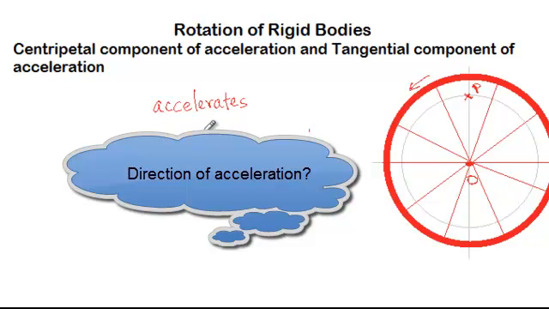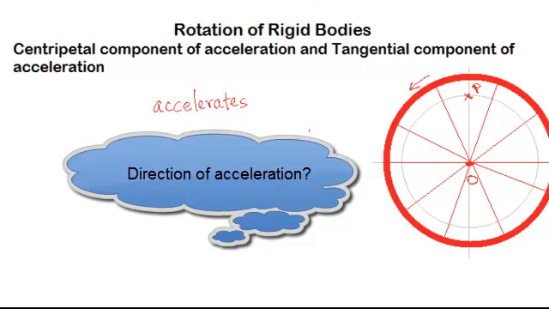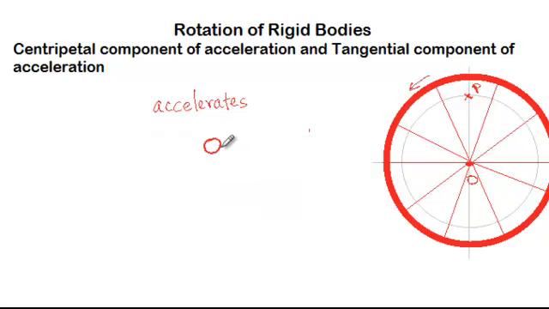In case of straight line motion, you know that if the speed of a particle increases, and let's say you have a particle which is moving in this direction, it has a velocity v. Now, if the speed of this particle increases, which means it starts moving faster, that means the acceleration of the particle is also in the same direction. So you can say that the same is the case here.